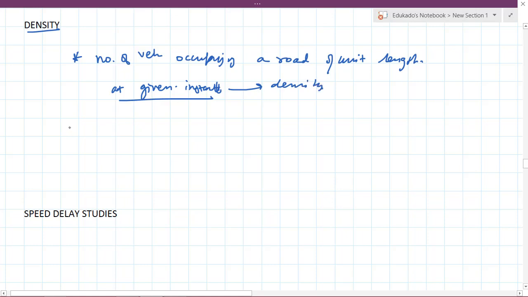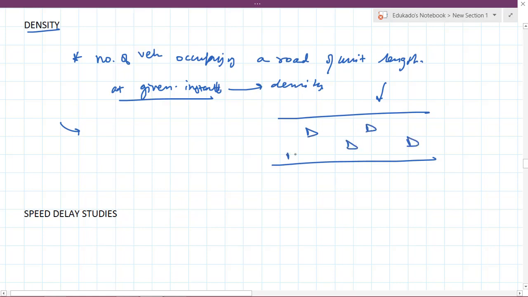Alright, so how are you going to go about this? You can take an aerial photograph of a length of a road, say X. You took the photograph and found a number of vehicles like this. So the density, which is represented using the letter K, is equal to the number of vehicles, like over here it's 1, 2, 3, 4, 5, divided by the length of this road, say X kilometers.